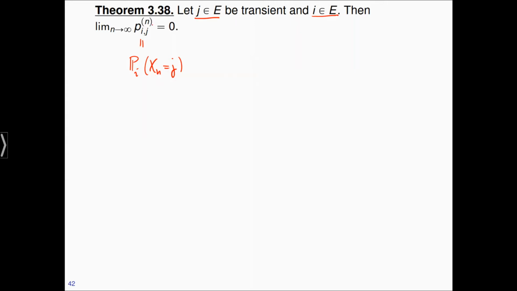And we see that when n tends to infinity, this probability tends to 0. In other words, wherever you start, i is arbitrary, the probability to be at the transient state j after n steps tends to 0 when n tends to infinity.